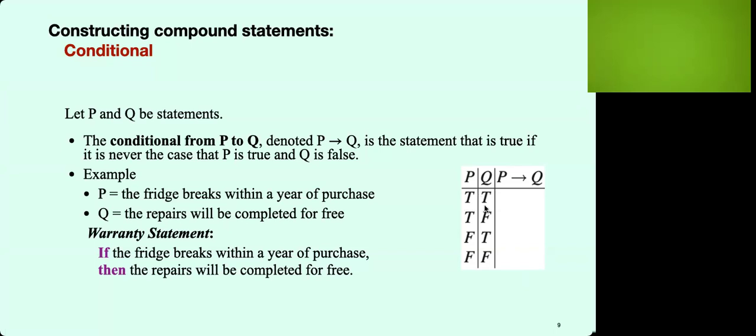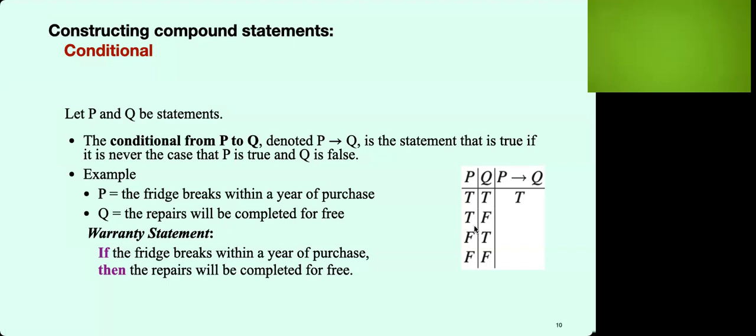Okay, so the first row of the truth table here is when P is true, the fridge does break within a year of purchase, and Q is also true, the repairs are completed for free. So in that case, where the fridge does break and the repairs are free, then the warranty statement, the conditional statement, is true. So that is a T value in the conditional statement.